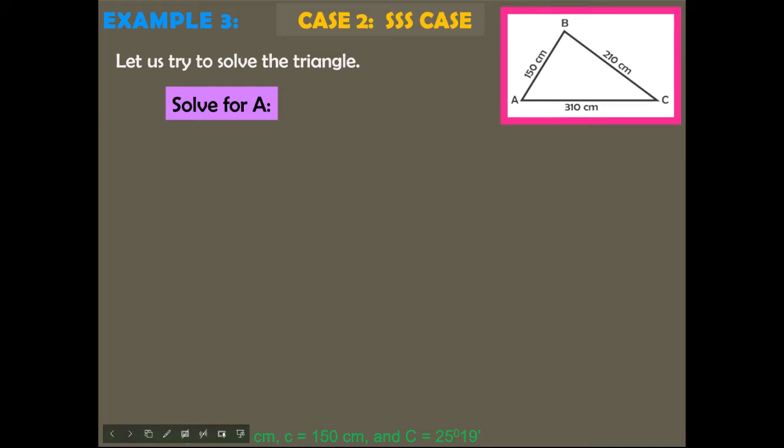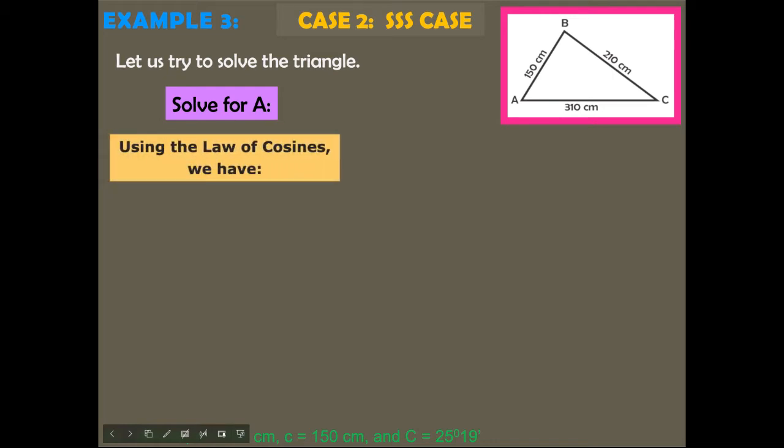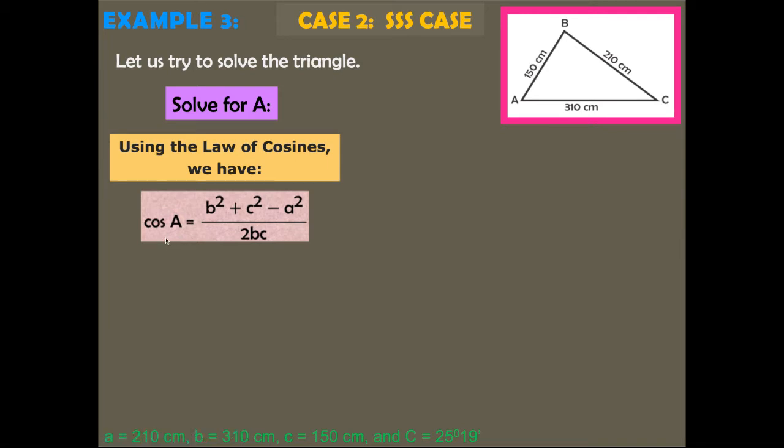Now to solve for angle A, we can use either the law of cosines or the law of sines. Using the law of cosines, we will use this formula: cosine A, since we're solving for angle A, equals b squared plus c squared minus a squared all over 2bc.